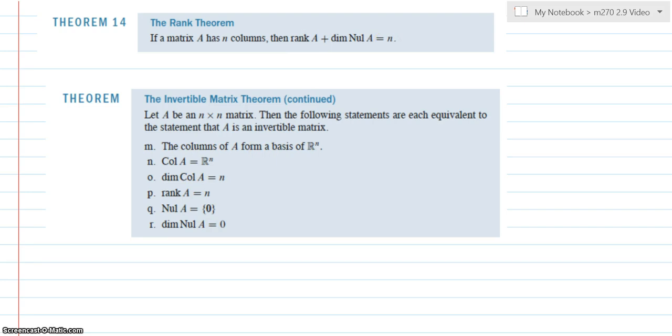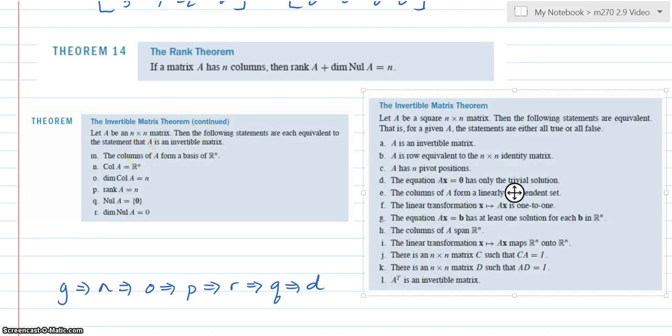So how are we going to prove this? The book proves this the following way. We just need to tie in two statements from the past, and then we will have all the middle statements. So they're going to apply G implies N, which implies O. I decided to copy the old invertible matrix theorem so we can see this.